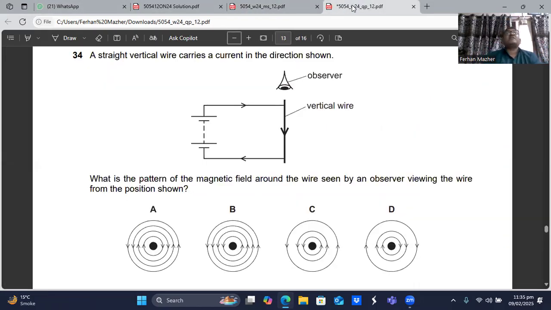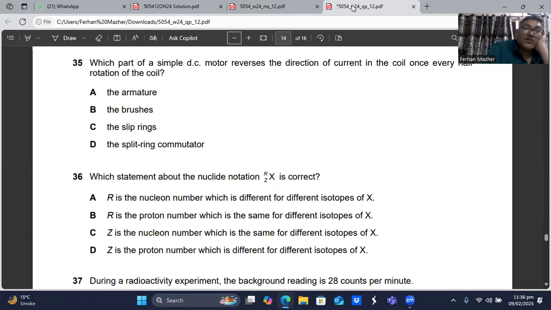We use the right hand grip rule for the straight conductor, in which the thumb of the right hand is along the direction of the conventional current, and the curl of your fingers shows the direction of the magnetic field. We are looking from the top, and the magnetic field around that wire will be clockwise. So D is the choice, sir. I hope you understand question number 34.